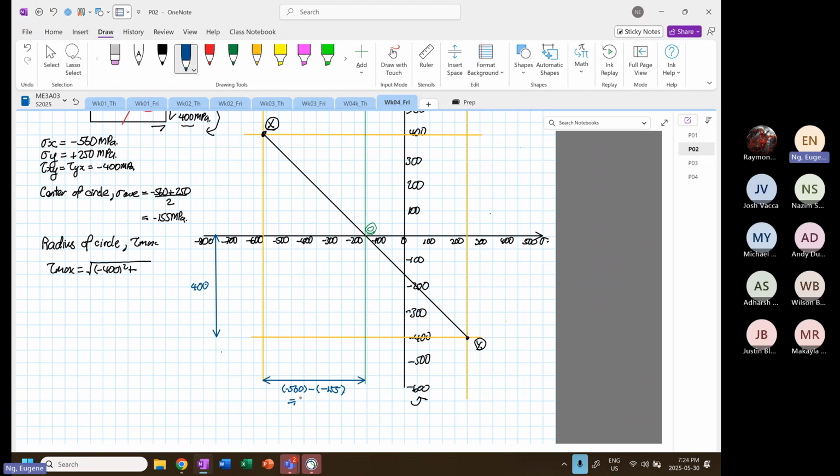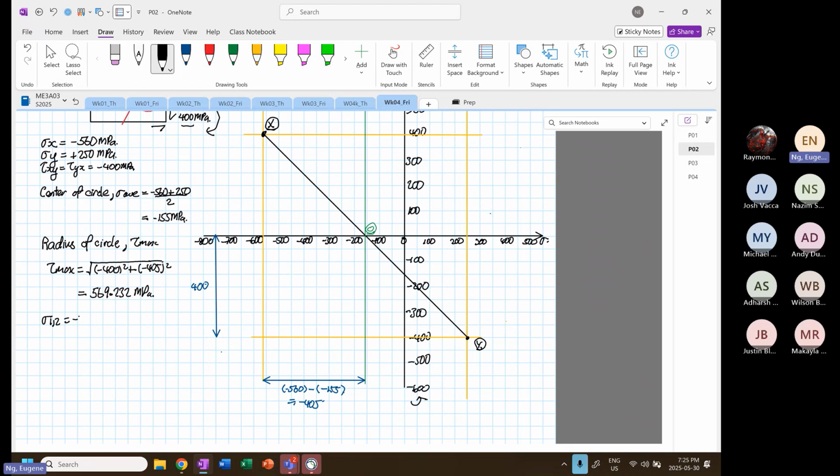So you have 405 or minus 405. So immediately you have your minus 405 squared. So your tau max is equal to 400 squared plus 405 squared, and then square root the whole thing, 569.232 megapascal.